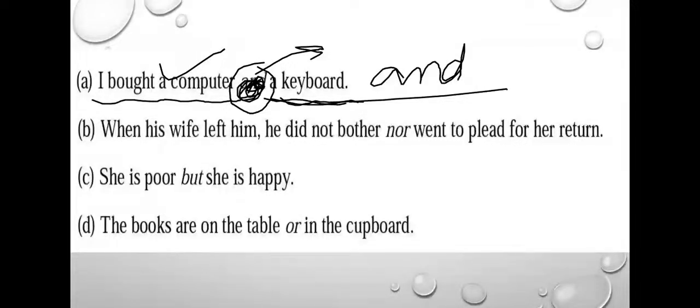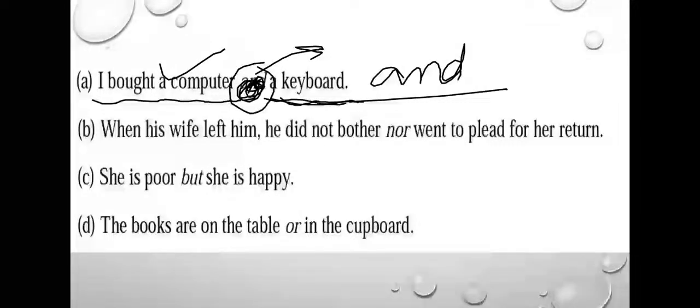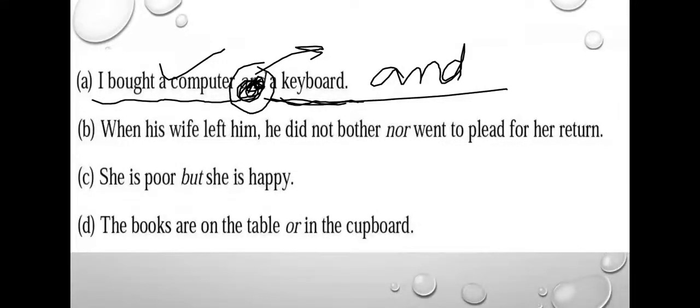Let's move on to the next one, which is: when his wife left him. We can also connect sentences by using a comma, but most of the time we use coordinating or subordinating conjunctions.